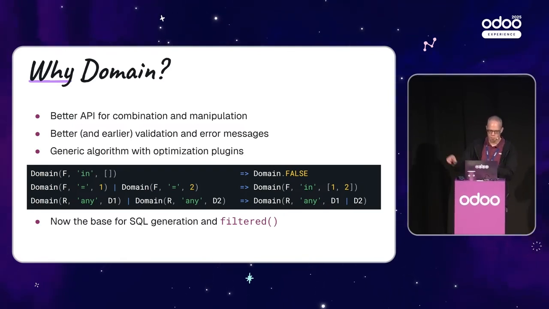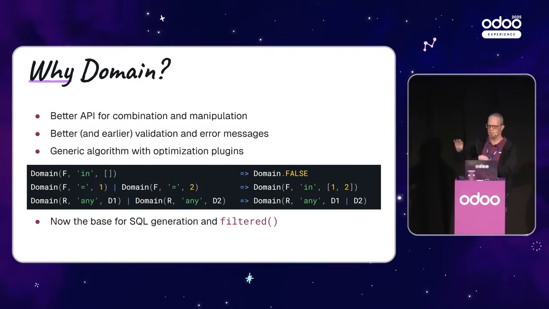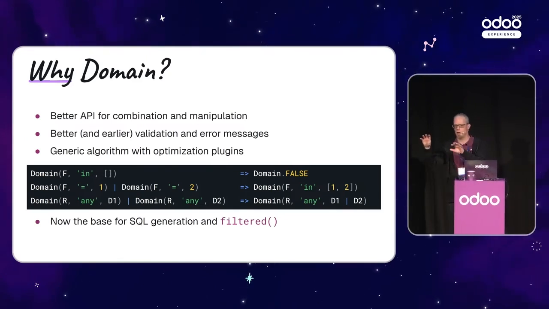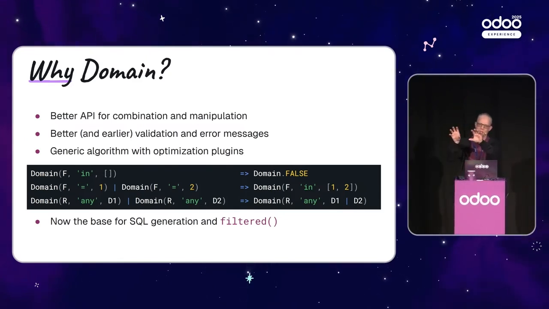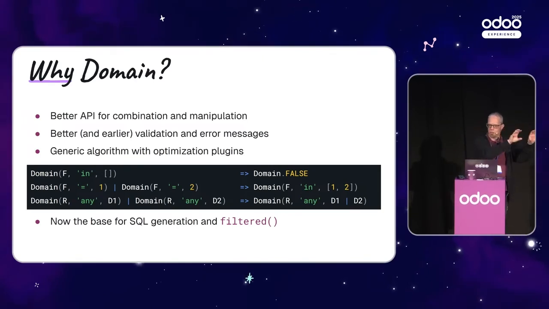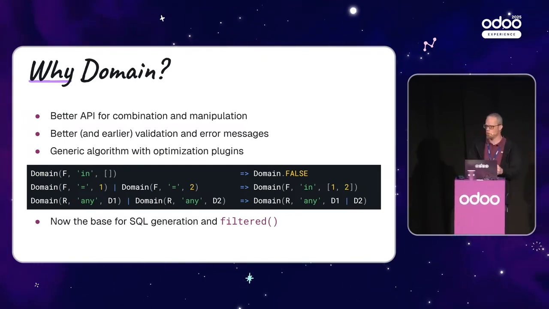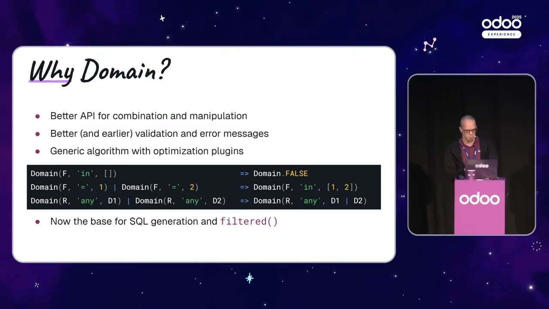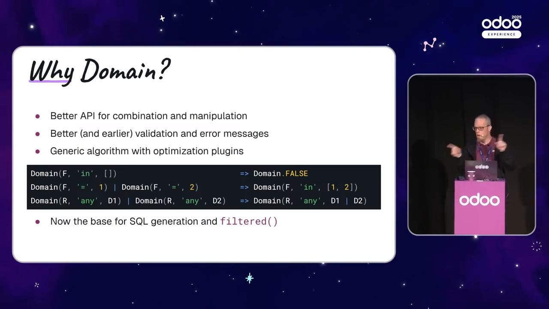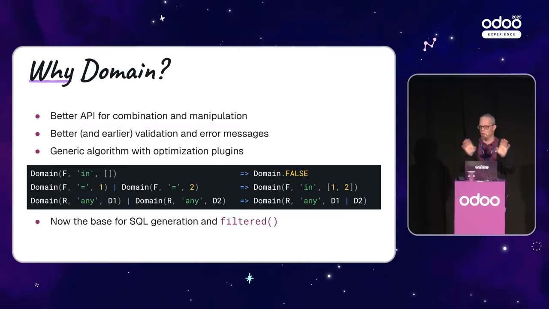And the any operator essentially is when you make a condition on a relational field, and you're testing for a domain on the co-records of that field. And then again, we have optimizations to group the any nodes.